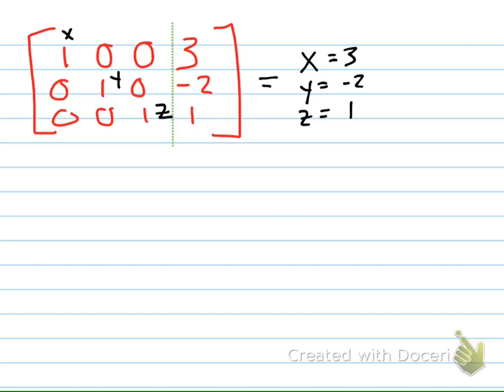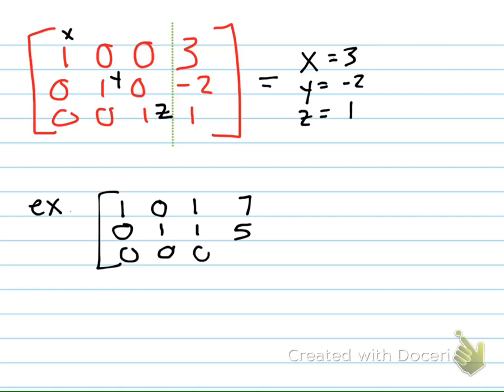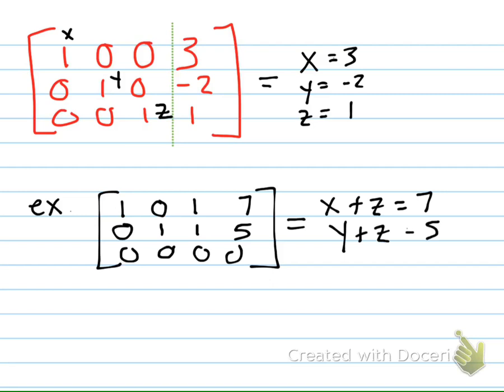So for example, if you did reduced row echelon form and you have 1, 0, 1, 7, 0, 1, 1, 5, 0, 0, 0, 0. What this means is I have x plus z equals 7, and I have y plus z equals 5.